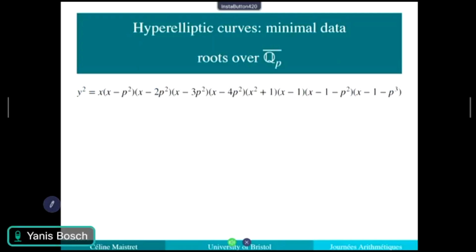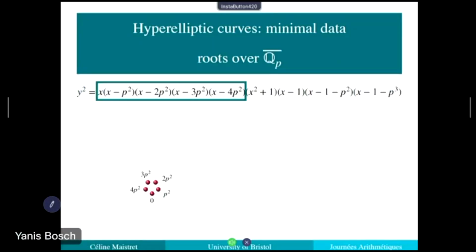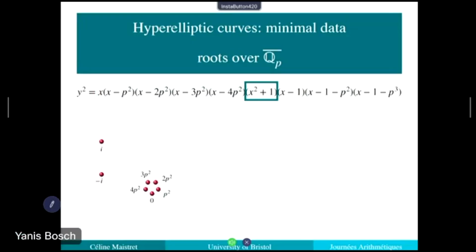So let me extract the roots. The first 5 that I extract, they're all very close to 0. You've got 0, p squared, 2p squared, 3p squared, 4p squared. Then you have i and minus i, which p-adically are far away from 0 and far away from each other, simply because the valuation of their difference is not divisible by p.